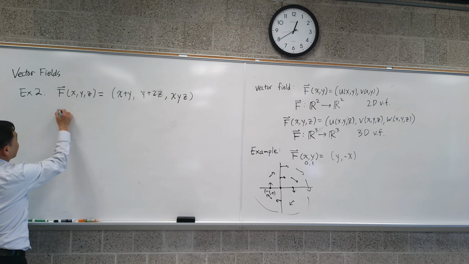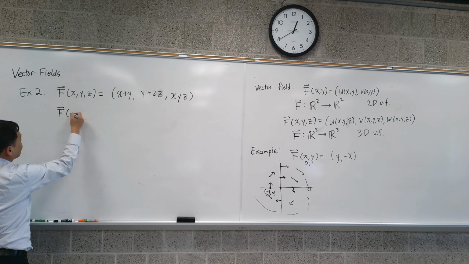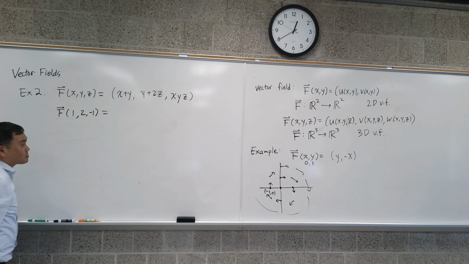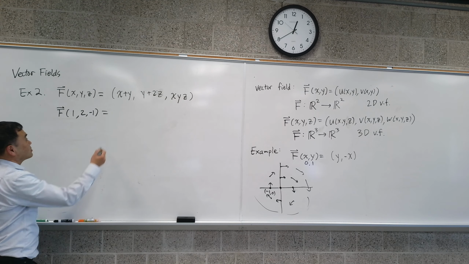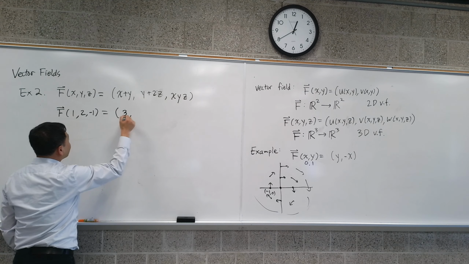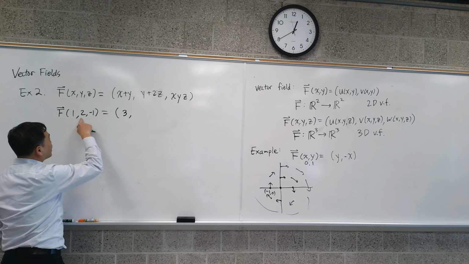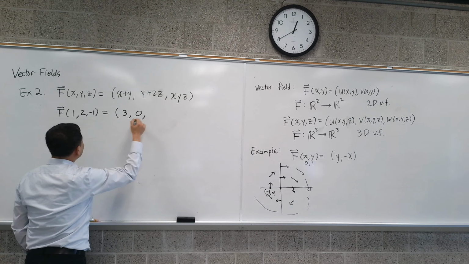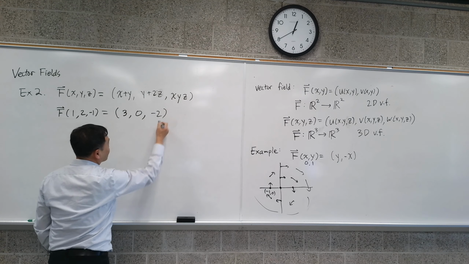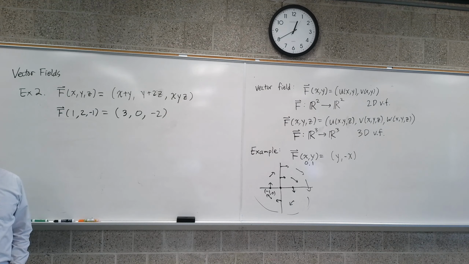But let me just ask, what's the vector you get if you plug in 1, 2, -1? 1 plus 2, so that's going to be 3, right? y plus 2z, that's going to give you 0. 1 times 2 times -1, that's going to give you -2. Right? Yeah. So that's it.